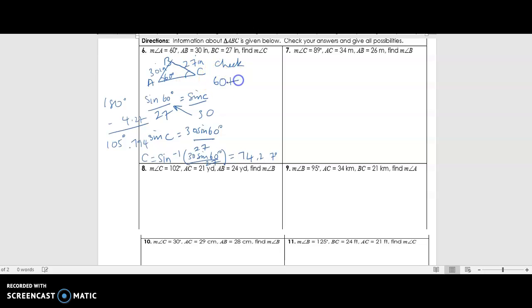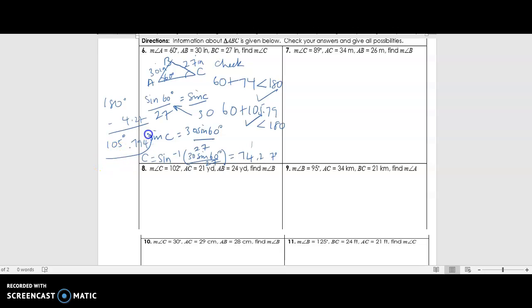So 60, which is the other angle, plus 74, let's round it off to 74, must be less than 180 for this triangle to be valid. Otherwise you cannot have two obtuse angles. So these measures must be less than 180 degrees, which is the case. So our check is fine. Let's try with 105 also. So this is also less than 180. So this is also passing the check. So which means this is a very well formed triangle and our answers are valid.